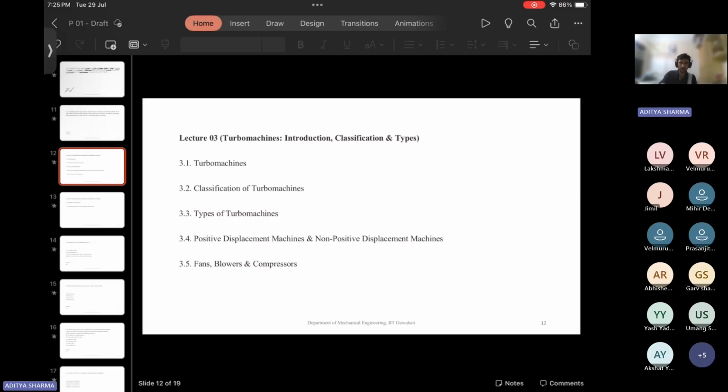So let's first discuss this, because we have already discussed lecture 1 and 2. At the end, if we have time, we will discuss one numerical. Otherwise, this I believe will suffice.